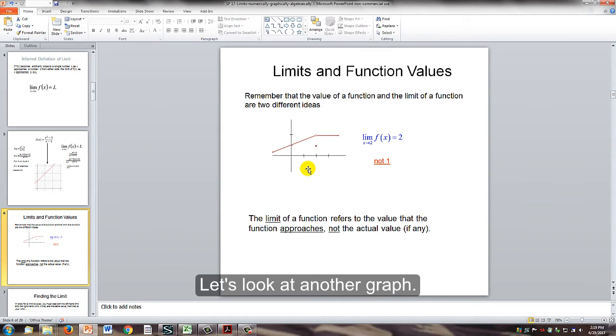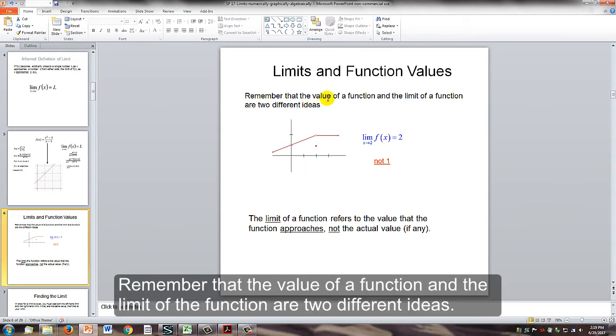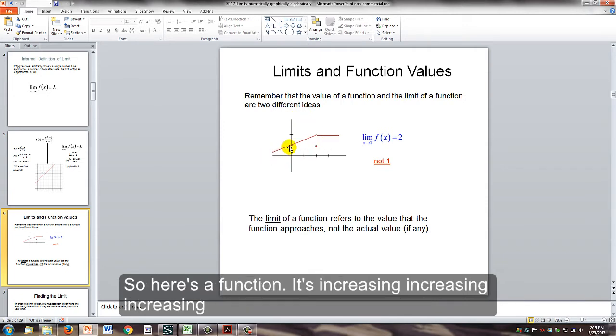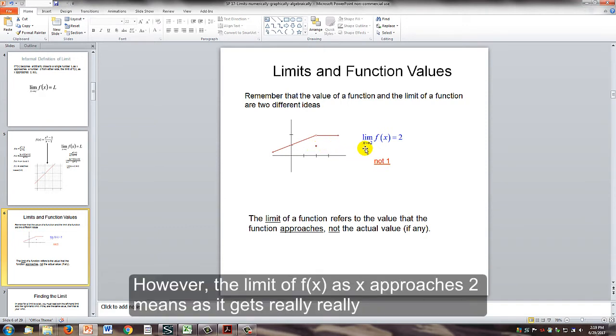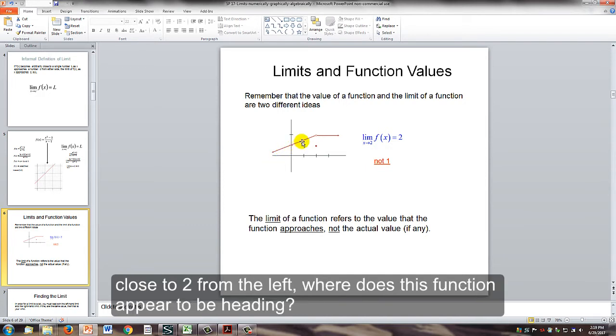Let's look at another graph. Remember that the value of a function and the limit of a function are two different ideas. So here's a function. It's increasing, increasing, increasing. But when x is 2, the value of the function is 1. See that point? However, the limit of f of x as x approaches 2 means as it gets really close to 2 from the left, where does this function appear to be heading?